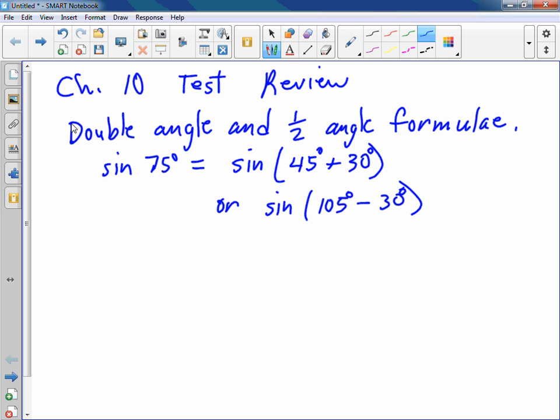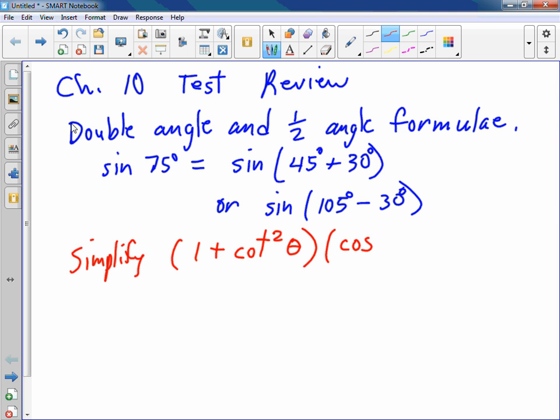I'll have some simplifications, some nasty, ugly things like 1 plus cotangent squared theta times cosine 2 theta plus 1 or something like that, where you just have to clean it up, and all of them clean up nicely.